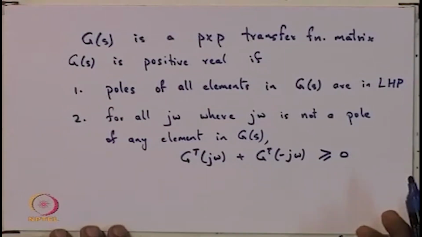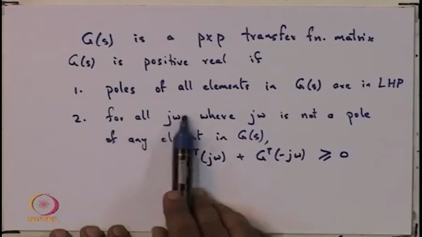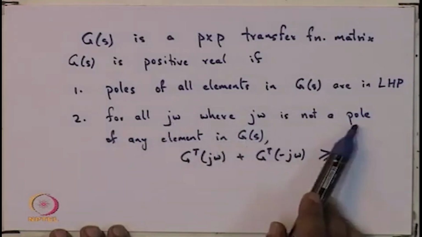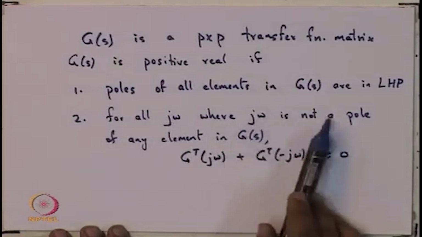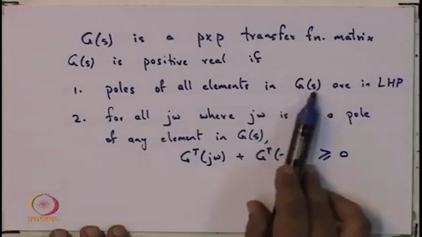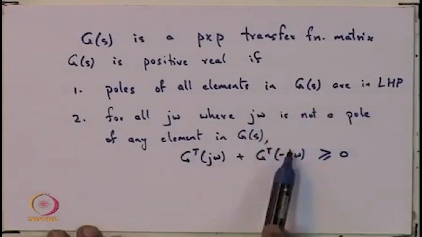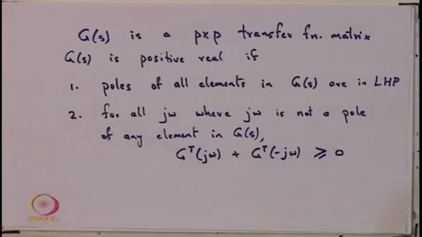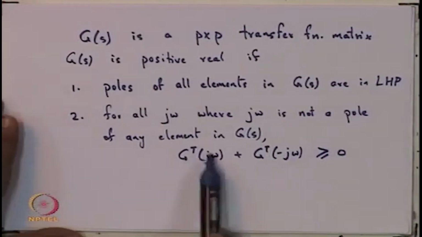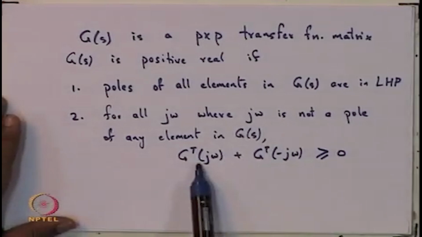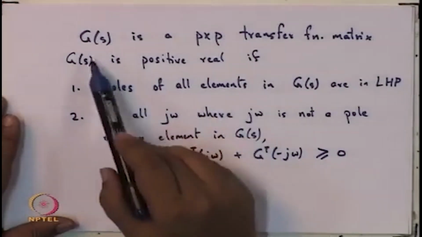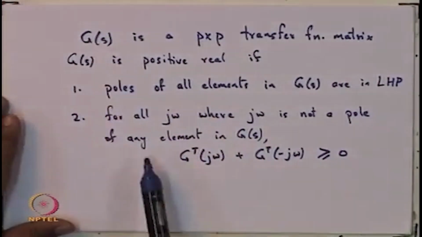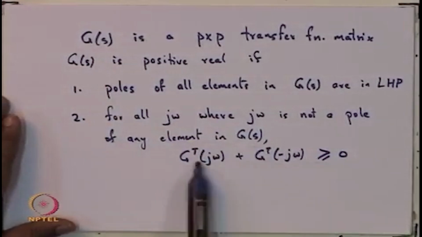Okay. So, what we are saying is for all j omega, where j omega is not a pole, if j omega was a pole for some entry in the transfer function matrix, of course, then this thing will not be very well defined and there are problems. So, you remove all those omegas on the imaginary axis which might be a pole of any one entry of G of S, and for all the others you will have this.